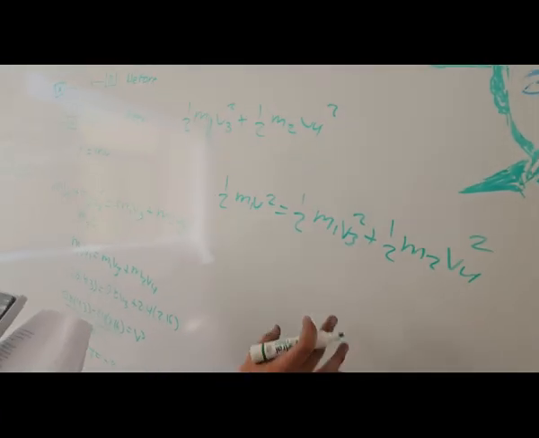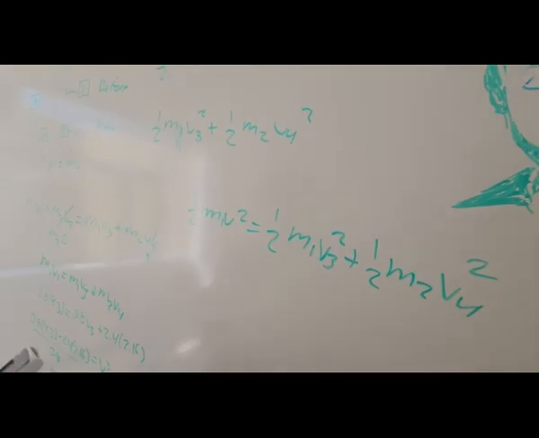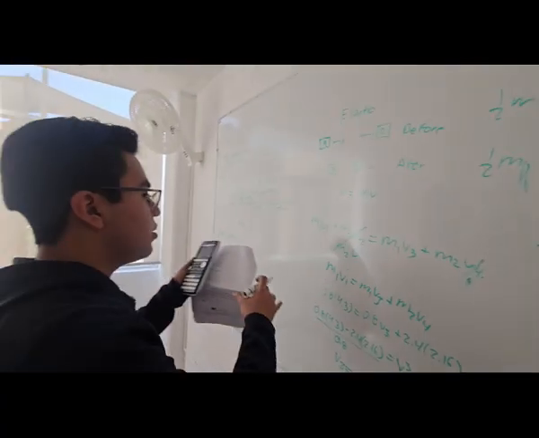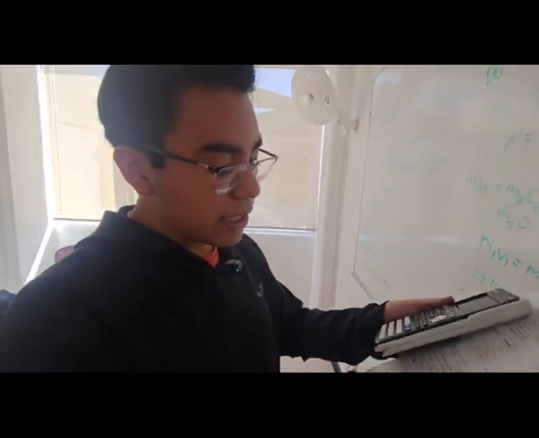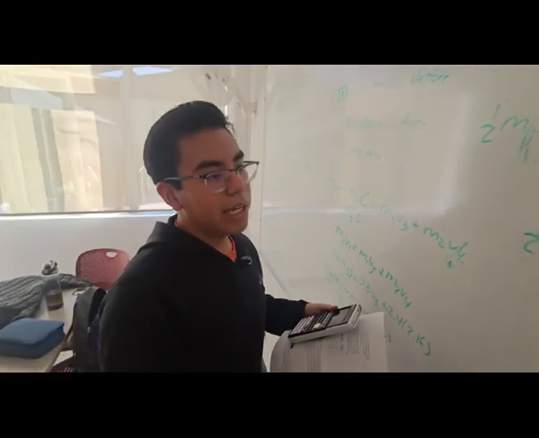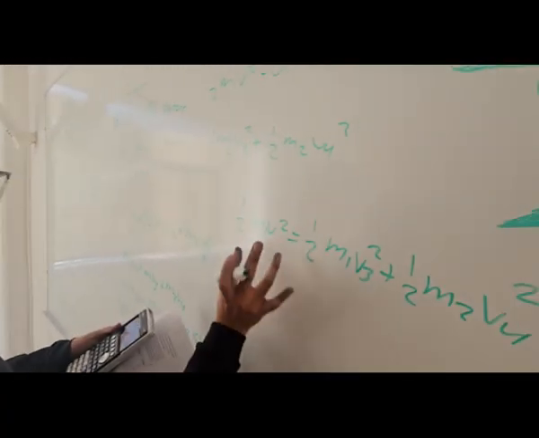Okay, so now we make them equal, and now we substitute. In this case, the problem statement says that after the collision, the ball rebounds. Show that the collision is elastic, and to show that it is elastic, we need to prove that this is equal to this.